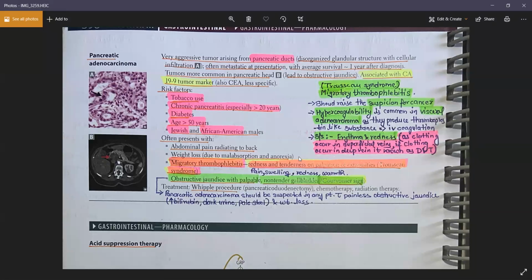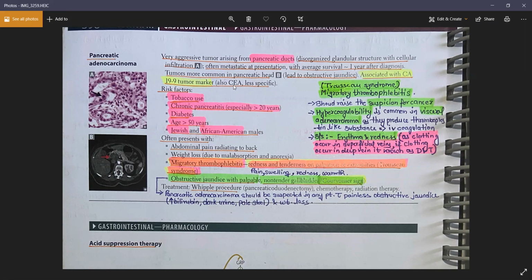The most common marker you can use for pancreatic adenocarcinoma is CA19-9. CEA can also be used, but it is less specific. In what cancers can you use the CEA marker? Hepatocellular? Colorectal cancer. Yes, mostly colorectal.